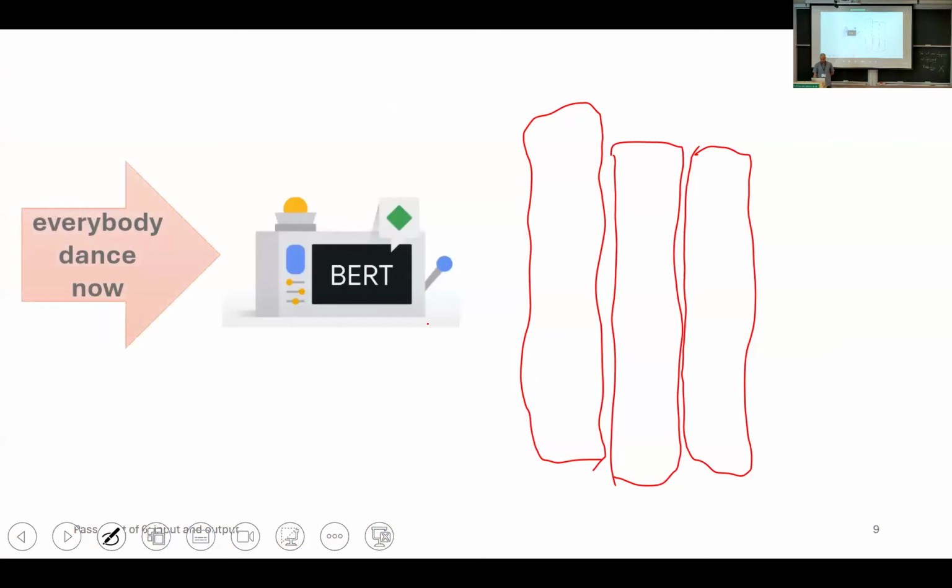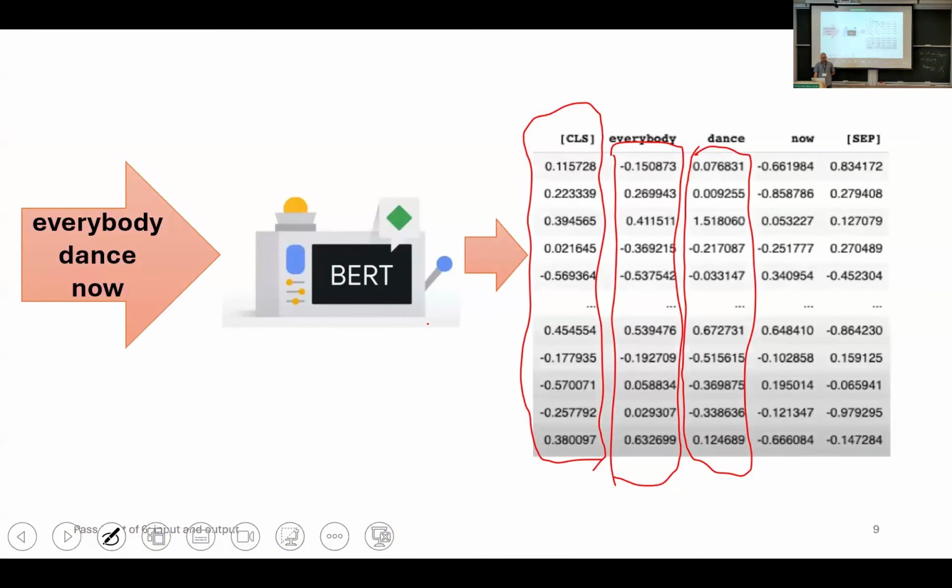All right, so as you can see, we get these vectors, and the length of the vectors is 768 by 1. So it has 768 coordinates.